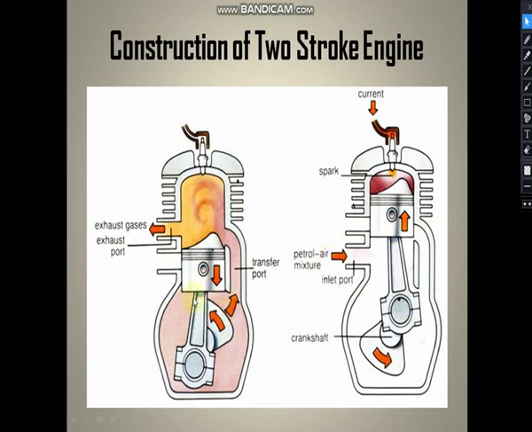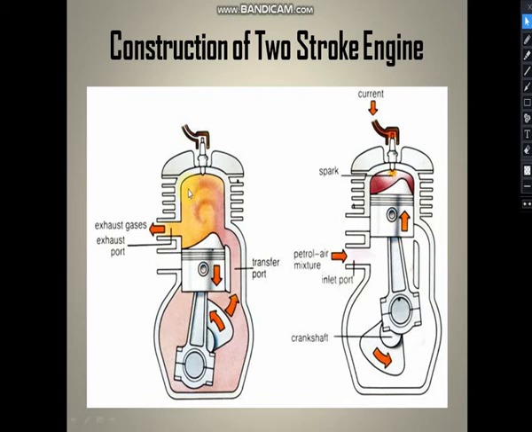The piston is used, the connecting rod is used, the crankshaft is used, the crankcase is used, the cylinder is used, and the spark plug is used. But there is a major difference: instead of the valves, here ports are used.